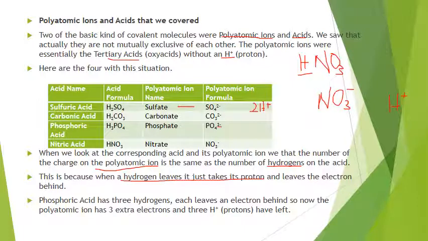So when these 2 hydrogens leave sulfate, they leave their 2 electrons with the sulfate. That's why it becomes 2 minus, and the 2 protons fly off. Phosphoric acid has 3 hydrogens, and it can lose all 3 of those, and there'll be 3 hydrogen ions flying around.